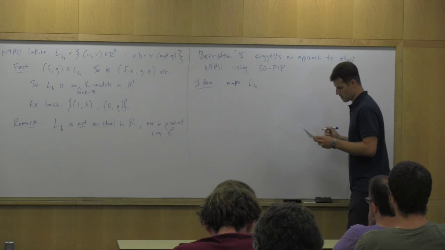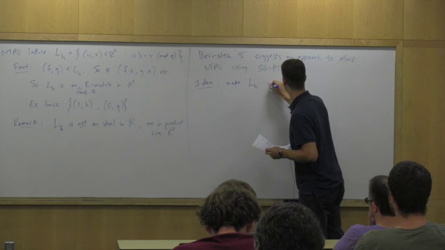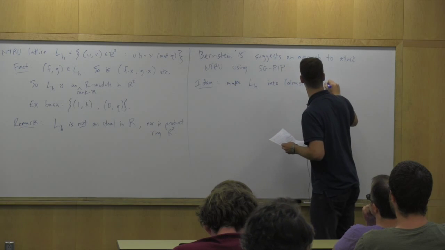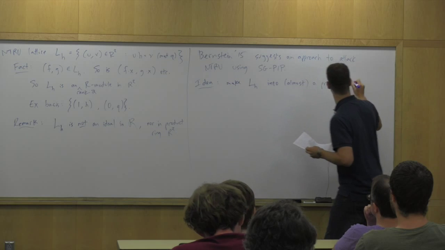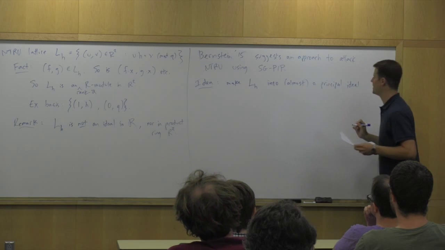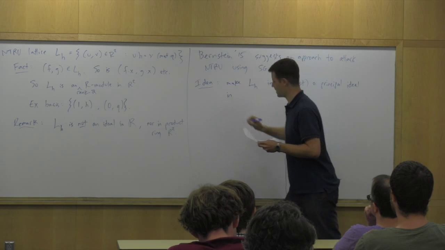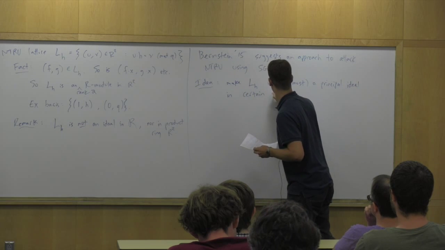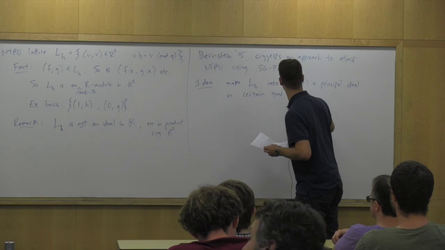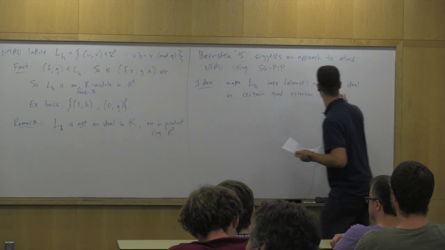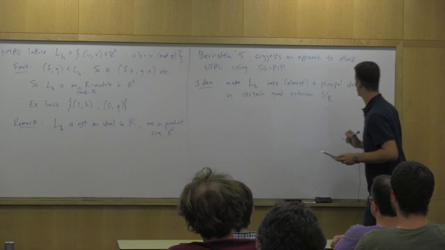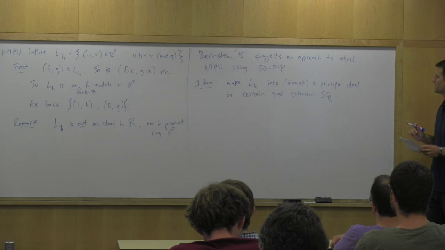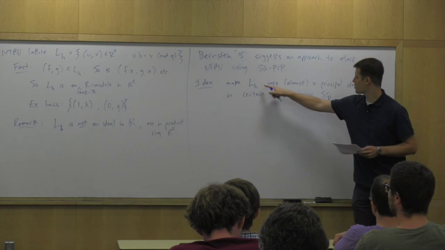Or in another way, to make this lattice L_H into almost a principal ideal in some other ring, so in a certain quadratic extension S of R. Okay, so we'll define a new ring S, which is a quadratic extension of R, and we'll want L_H.